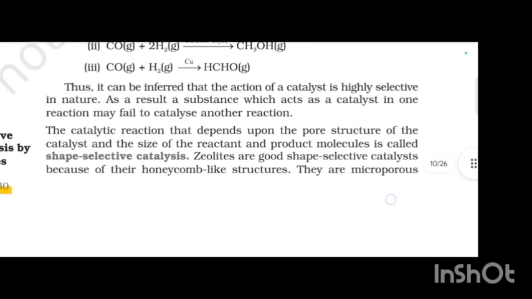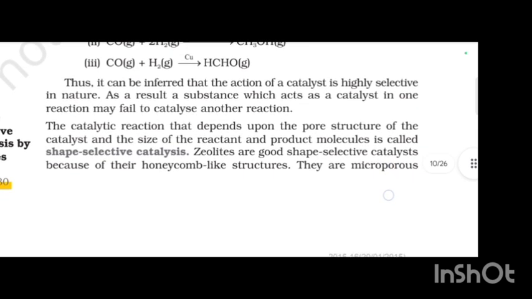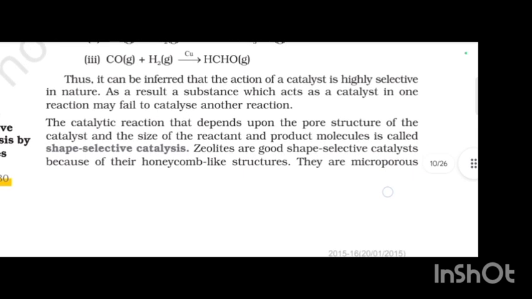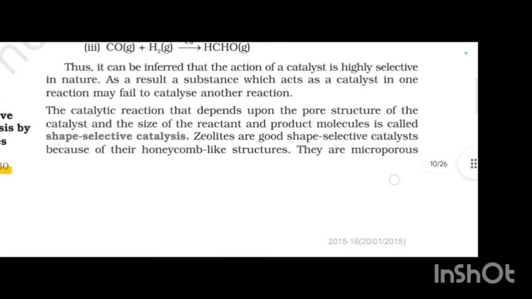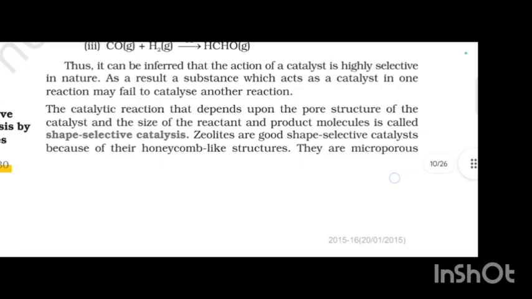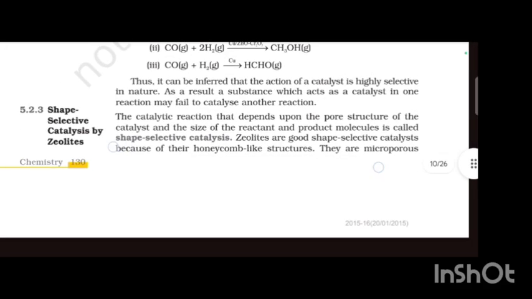Third, CO gas plus H2 gas in presence of copper gives HCHO gas. Thus, it can be inferred that the action of a catalyst is highly selective in nature. As a result, a substance which acts as a catalyst in one reaction may fail to catalyze another reaction.